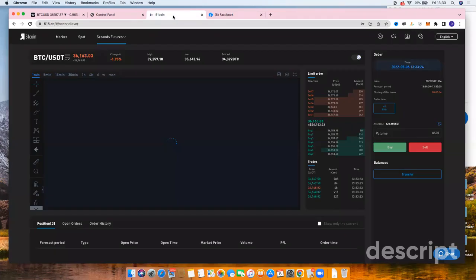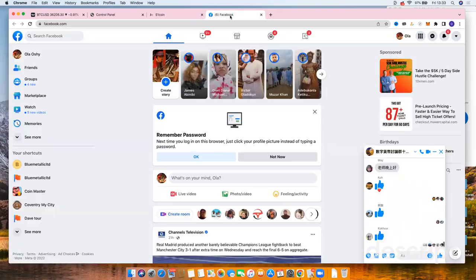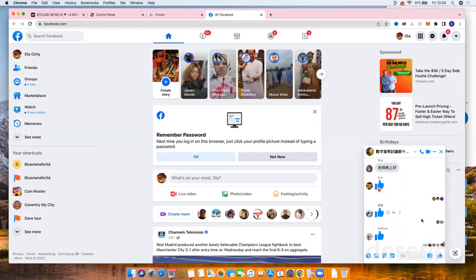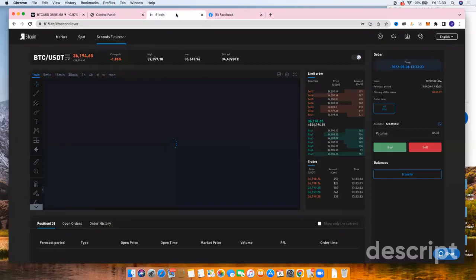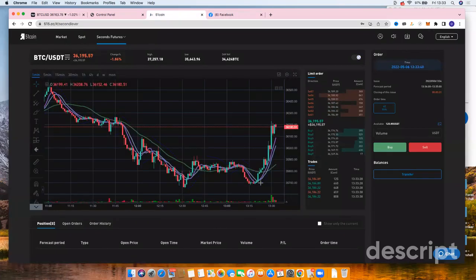So I've got a tab for my 51 coin right beside my Facebook group, just for easy alternation between the two. What I'm going to do now is try as much as possible to make my 51 coin page very active, so by the time I'll be taking my trade, it would not log me out.